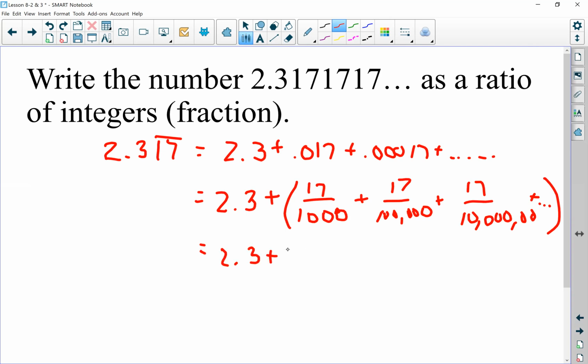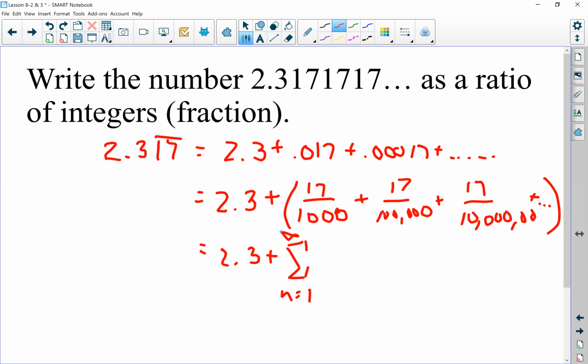So this sum, what are we multiplying by to go from one fraction to the next? 100. Or 1 over 100, right?